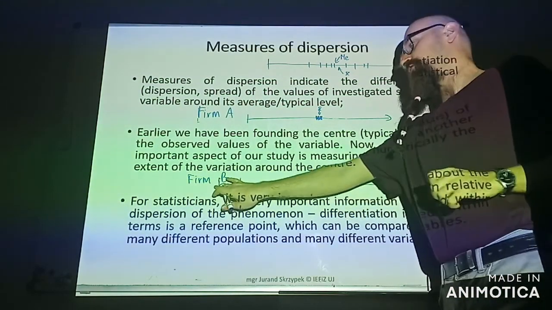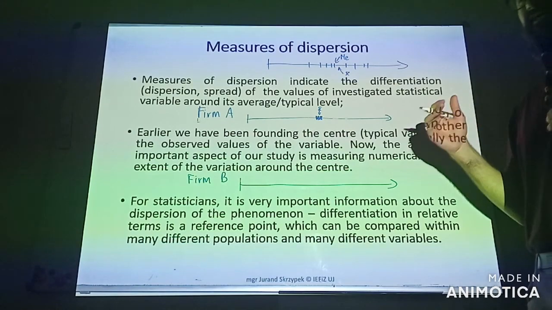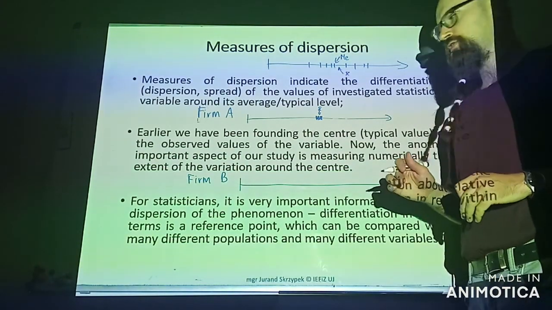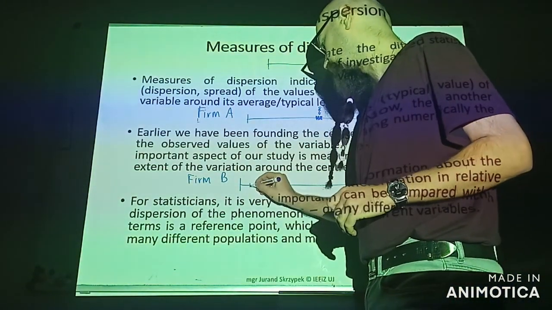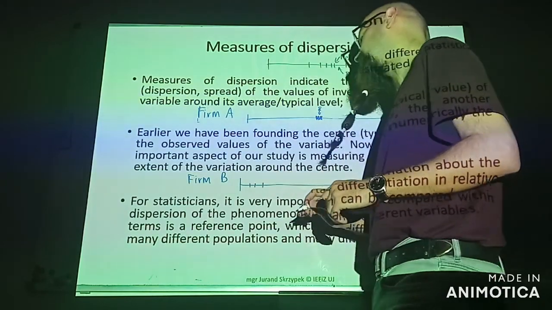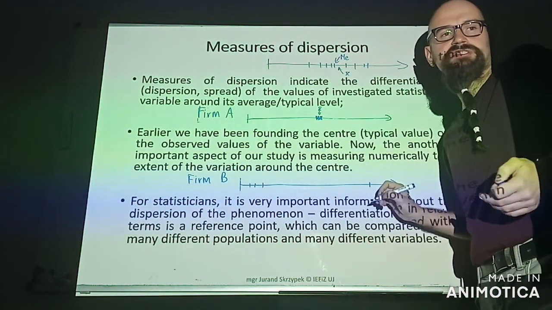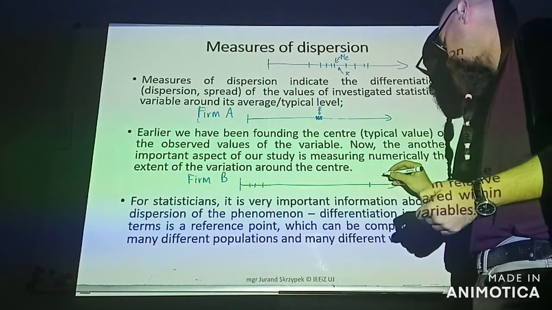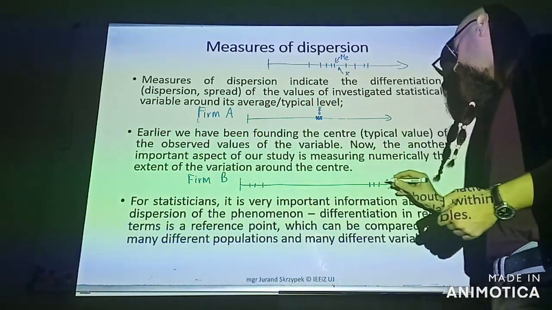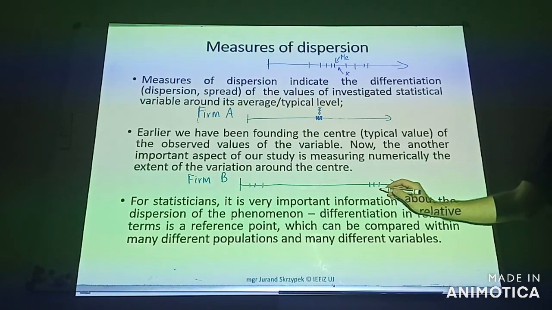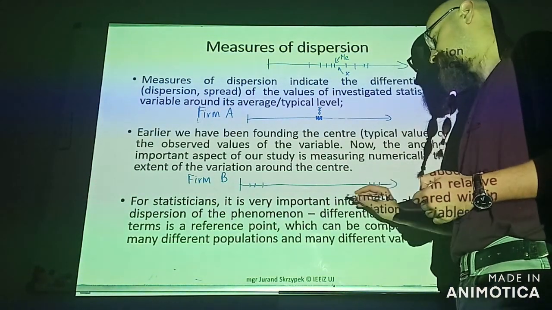Okay, but firm B has completely different politics of wages. Some workers are characterized by very low wages, and some employees, for example, the members of the management board, are characterized by very high monthly wages.